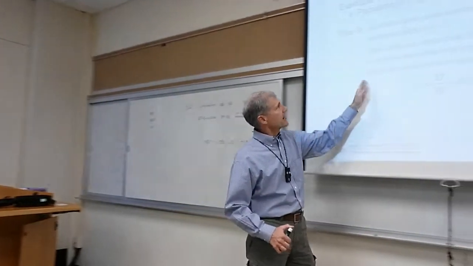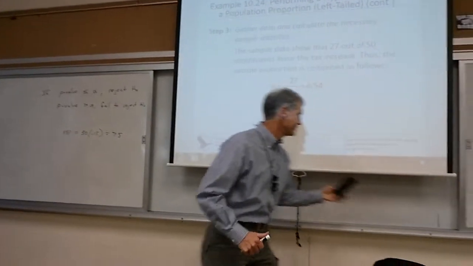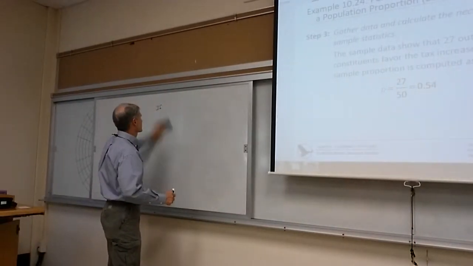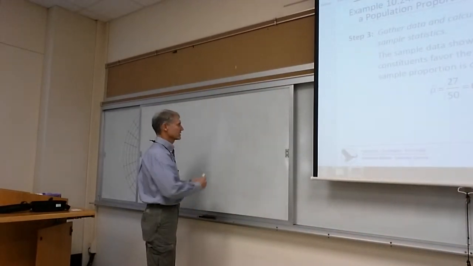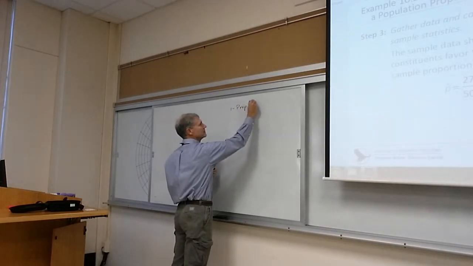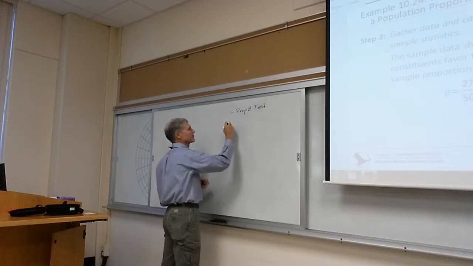So gather data, calculate the necessary sample statistics. In our calculator, when we go to one prop z-test, what does it look like? What's the first thing it asks you? Okay, P from the null. So p0, and it has a colon.